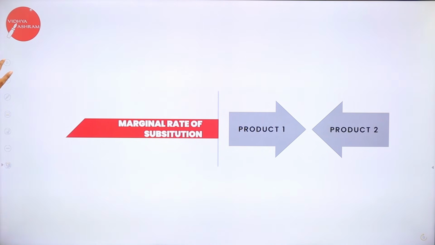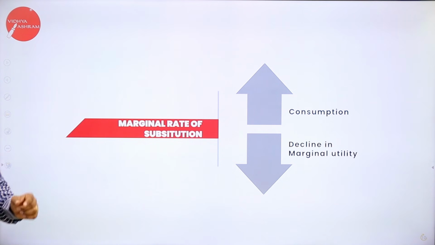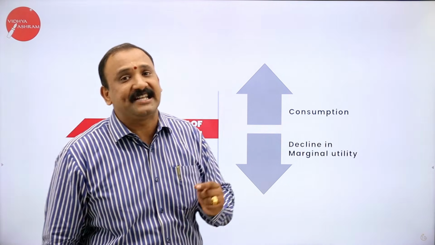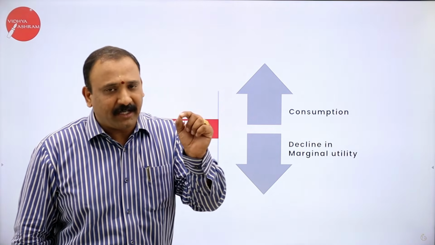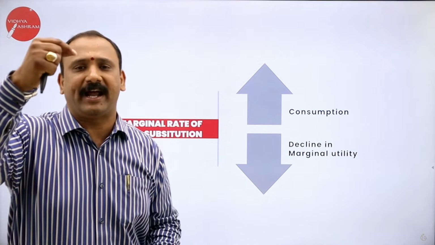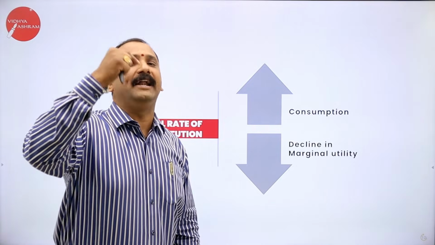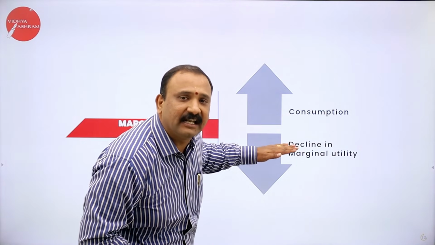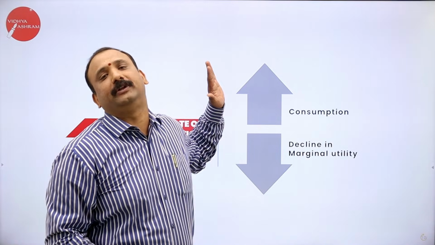Moving forward, to explain this marginal rate of substitution, let me go into the factor called consumption. The moment a consumer starts consuming a particular variety of food more and more, automatically what happens? There is a decline in the marginal utility.